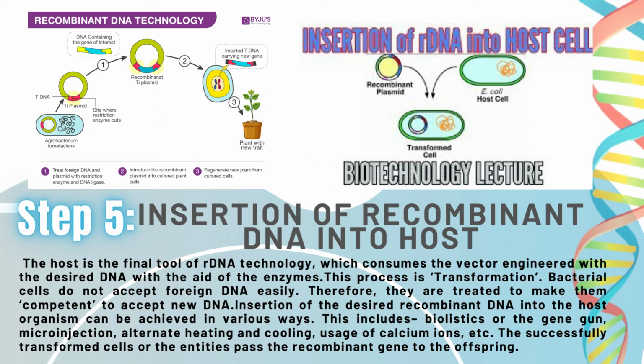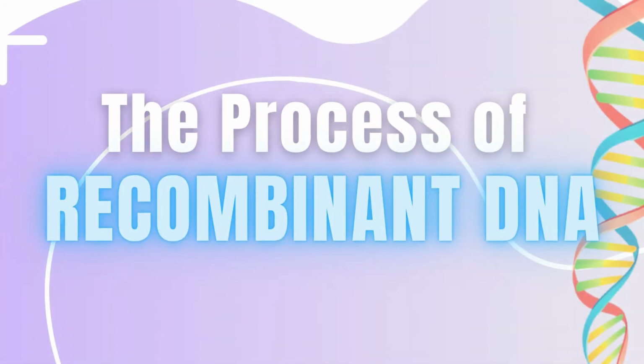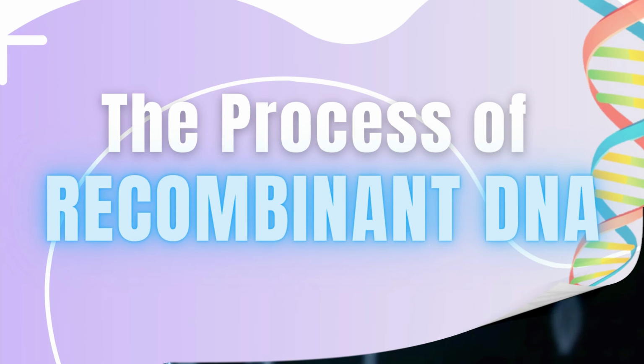This includes biolistics or the gene gun, microinjection, alternate heating and cooling, usage of calcium ions, etc. The successfully transformed cells pass the recombinant gene to the offspring. So, that's it. That is the process of recombinant DNA.